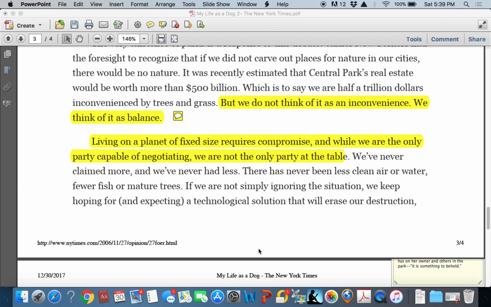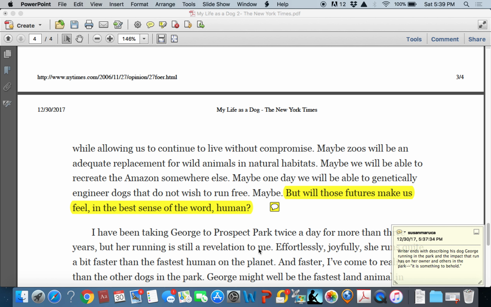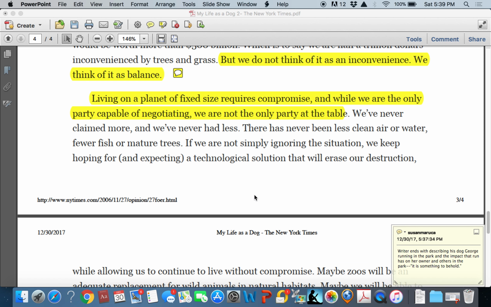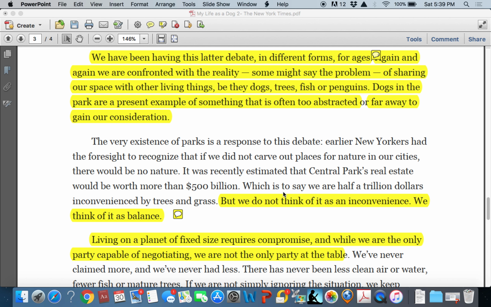So he endorses the idea of compromise and ultimately concludes that by sharing our space with the non-human world, we will be, in a sense, made more human. So I would take those sentences and put stars next to them, identifying them as part of his thesis or main idea. And don't be afraid, having done that, to then put it in your own words.